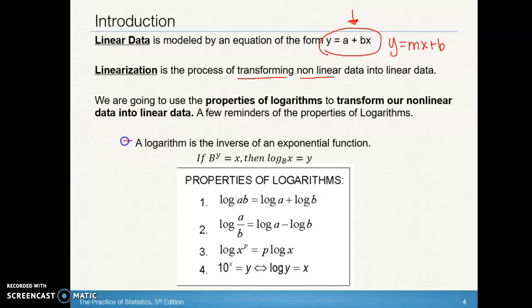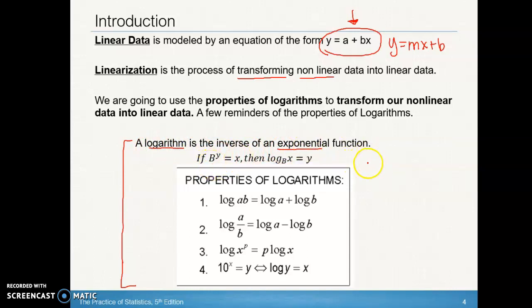Now, these are just a few reminders of what the properties of logs are. This is not necessarily something that you will see on the AP exam, but I just wanted to give you some reasons as to why this works, okay? So just as a reminder, exponents and logs are inverses of each other.